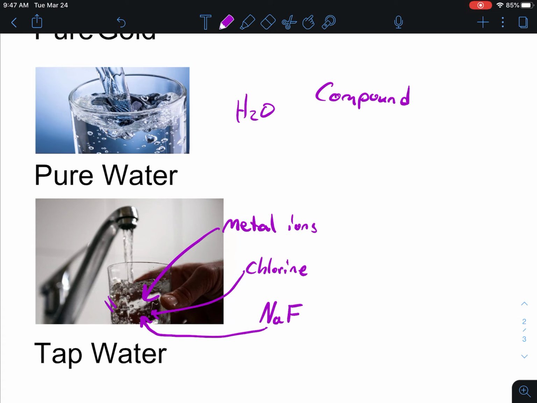And, of course, H2O. So if it's H2O, yet also has metal and also has chlorine and also has fluorine in it, but we can't see the metal, we can't see the chlorine, we can't see the fluorine compounds, then tap water is a great example of a homogeneous mixture.